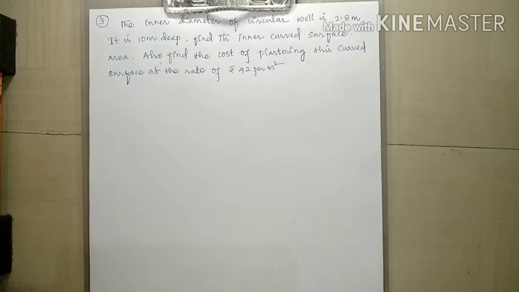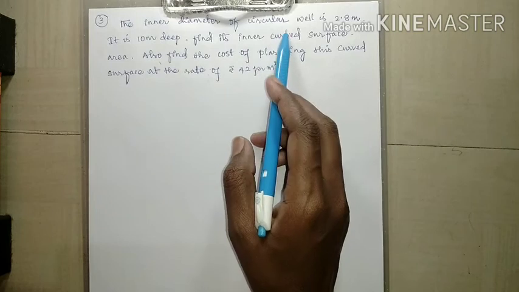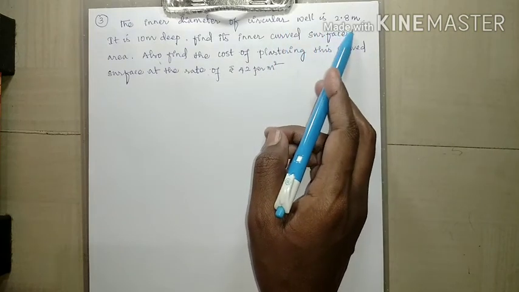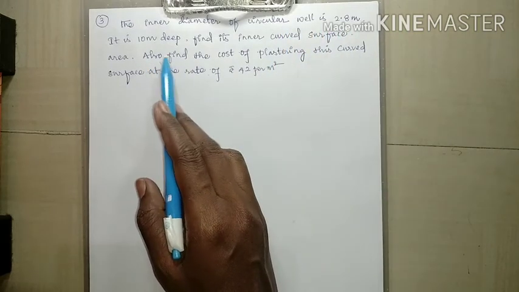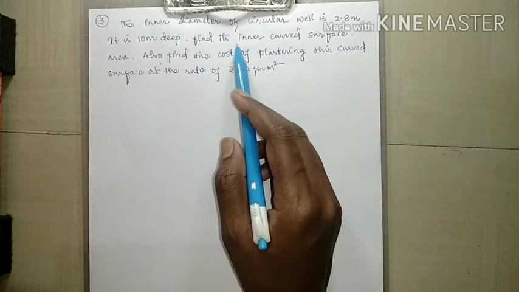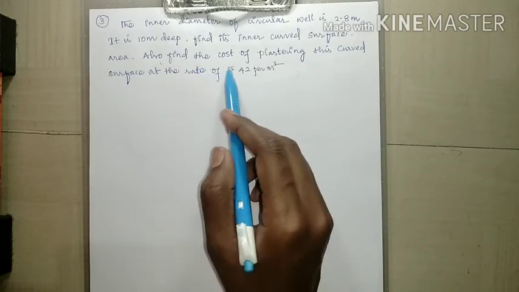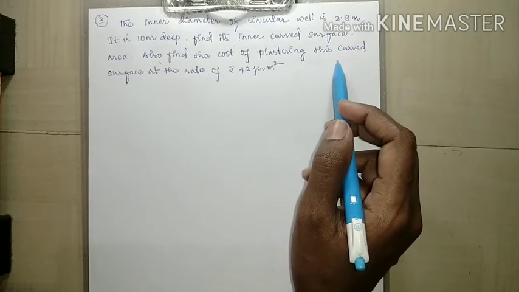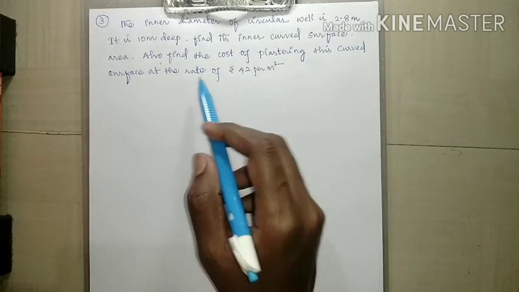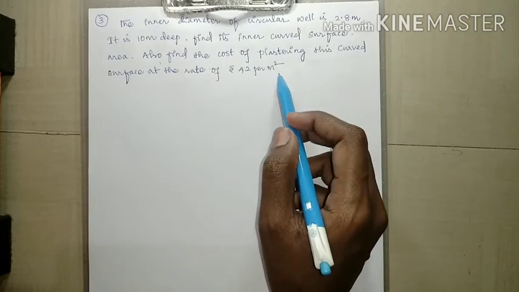Here we have example number 3. The inner diameter of a circular well is 2.8 meter. It is 10 meter deep. Find its inner curved surface area. Also find the cost of plastering this curved surface at the rate of rupees 42 per meter square.